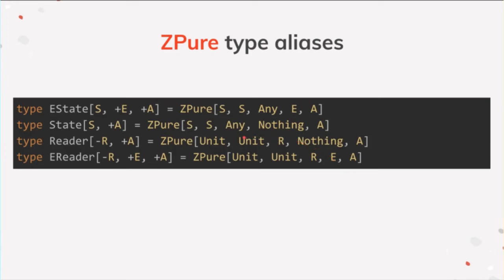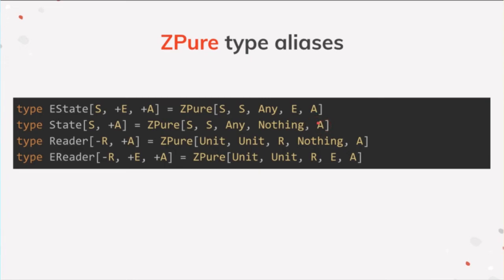It can fail, that's why we have this Nothing here, and it can succeed with a value of type A. So instead of having to write all of this all of the time, we have these type aliases. The similar things we have for reader, or for a state that can fail, or for a reader that can fail. And you can have other combinations as well.